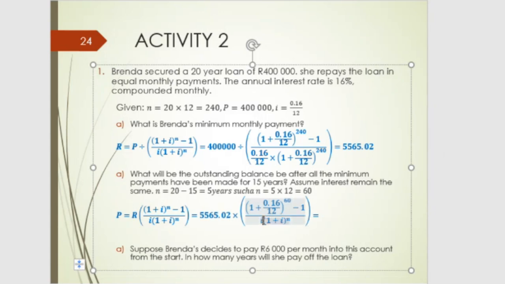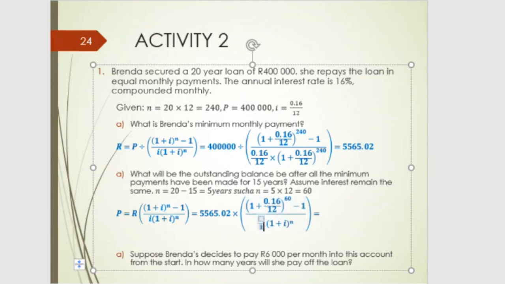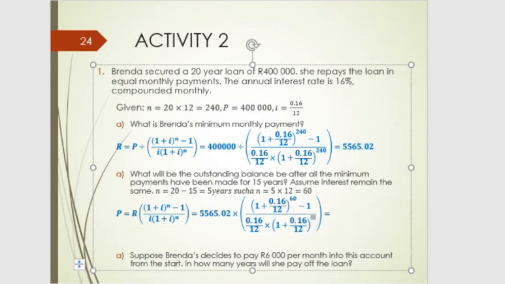Then the value of i here is 12, here's 0.16, this multiplication, here's 12, 0.16, and here's 60. What would be the answer?